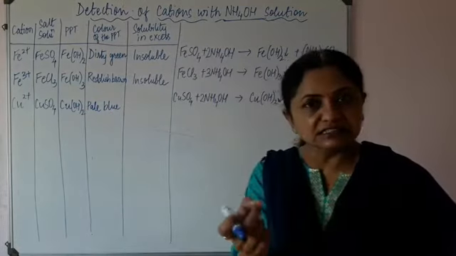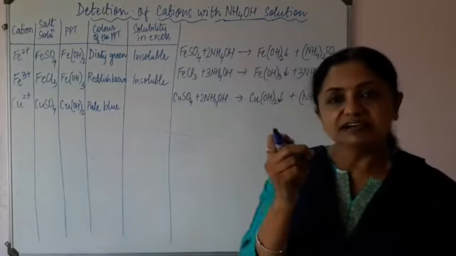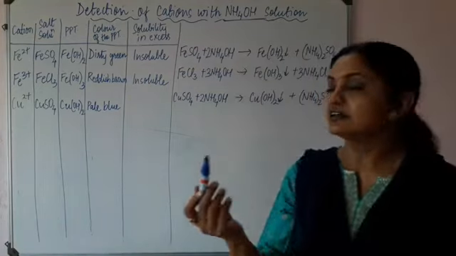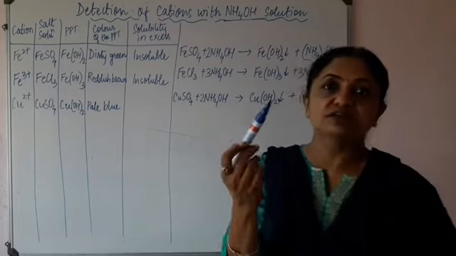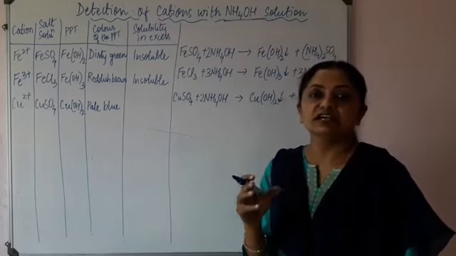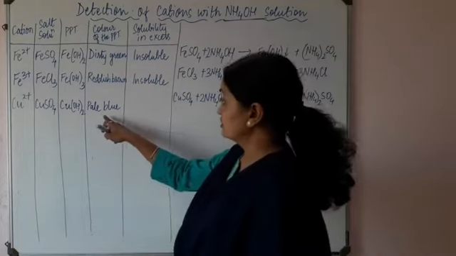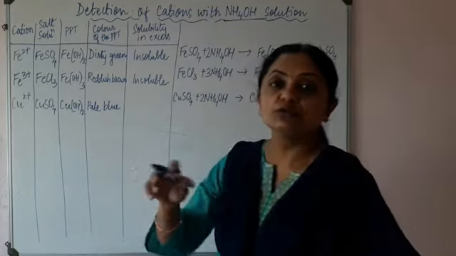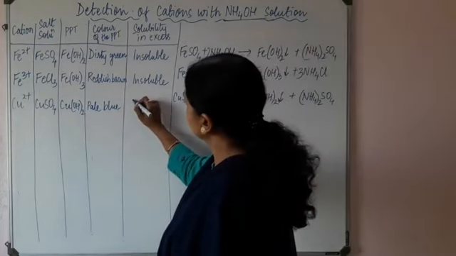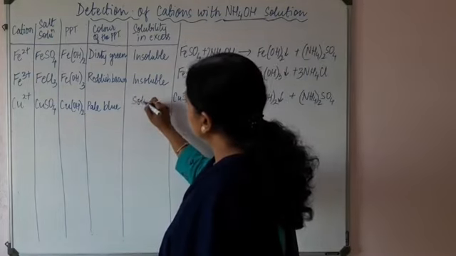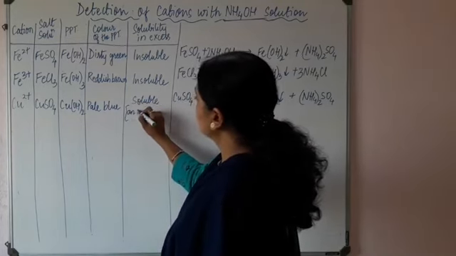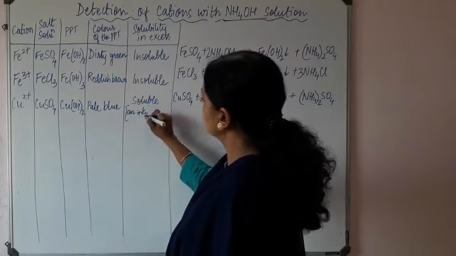Now if you add a little extra, directly you will get an inky blue solution. Exactly the inky blue, the color of the ink of this pen is exactly that type of color you will get. The pale blue precipitate will dissolve, forming an inky blue solution. So here I will write this is soluble and forms an inky blue solution, or you can say deep blue solution, inky blue.